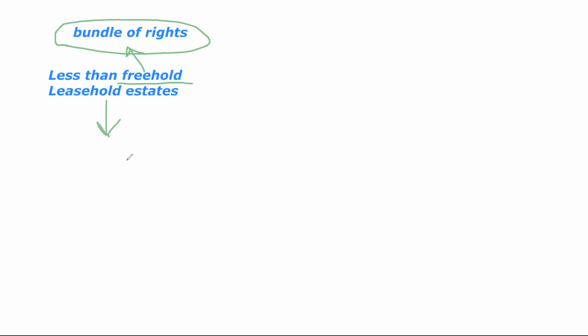They basically say, hey, you get the right to possess and the right to use, okay? So as someone who holds a less than freehold or leasehold interest in property, you have the right to possess and to use the property.